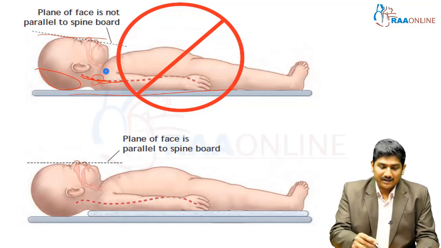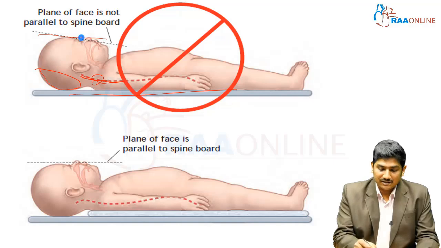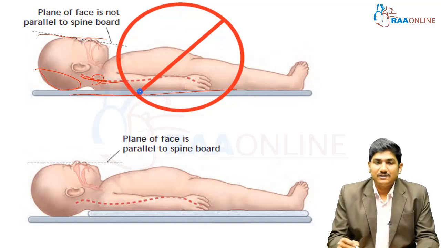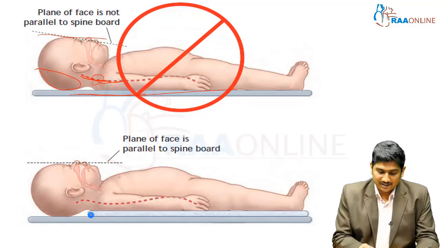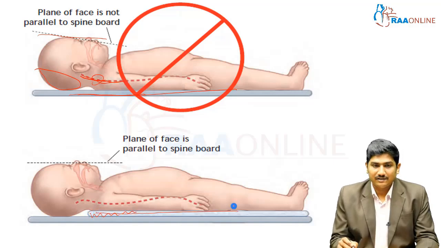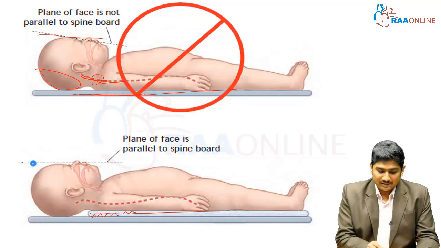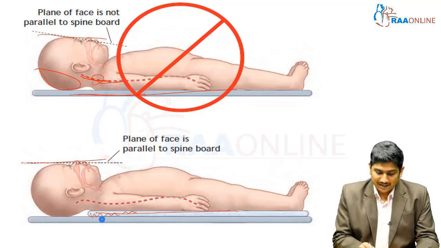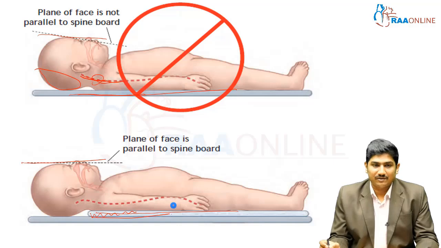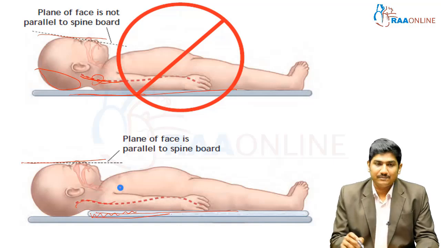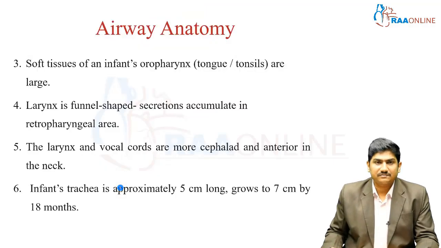So the plane of the midface is not parallel with the plane of the table. What you need to do is take a 1 inch cloth and place it from the shoulders to the entire body, so that the plane of the midface comes parallel with the plane of the table. So this passive flexion can be avoided.